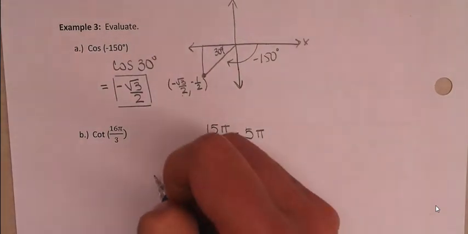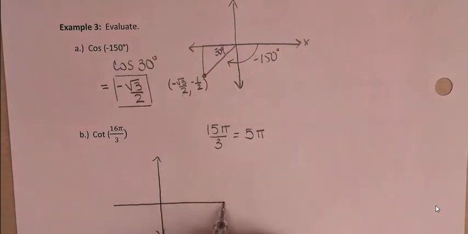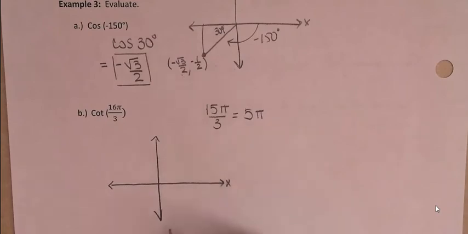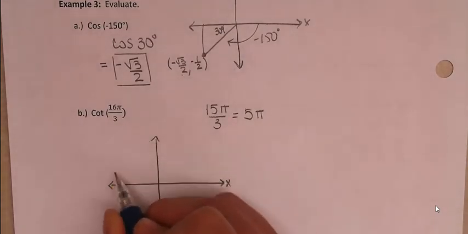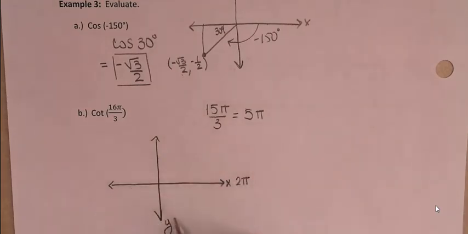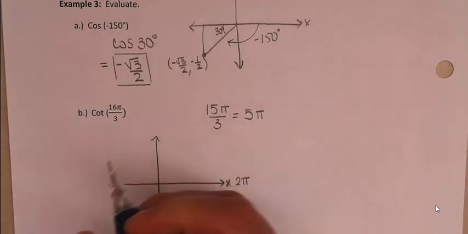And where would 5 pi be? Let's draw ourselves a picture here. As we went over with the unit circle, we start here, which is 0, but then you do one full revolution, you're at 2 pi. You do another revolution, that would be 4 pi. Add to that another pi, this will be 5 pi.